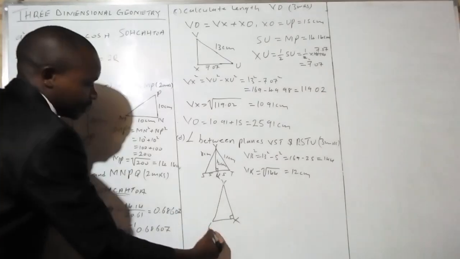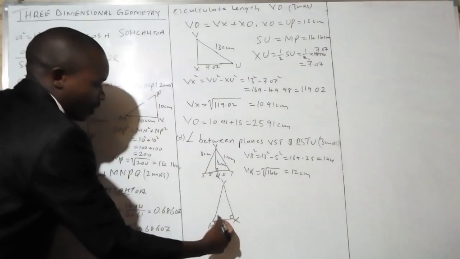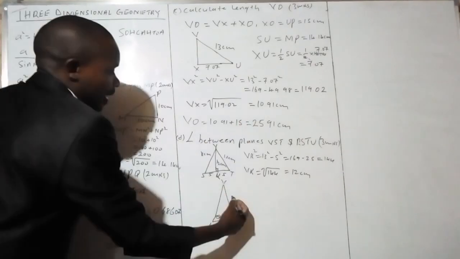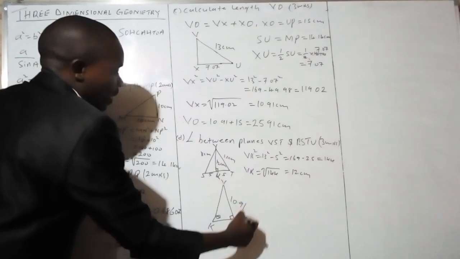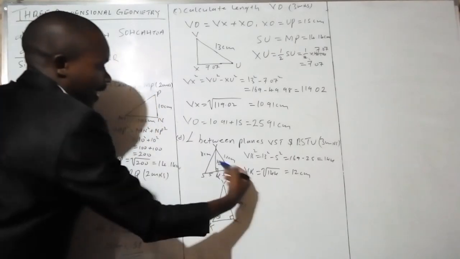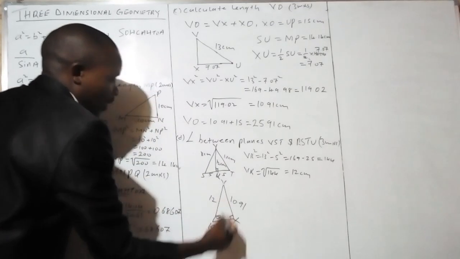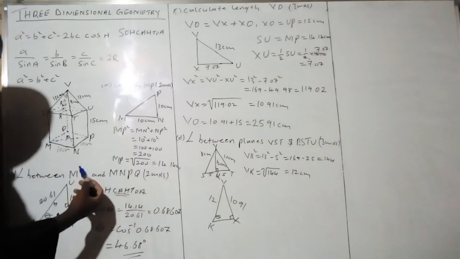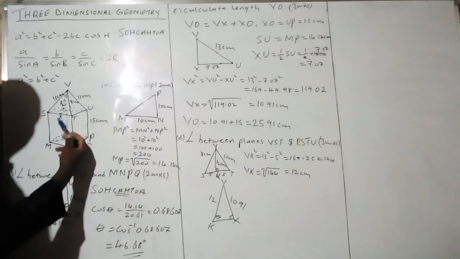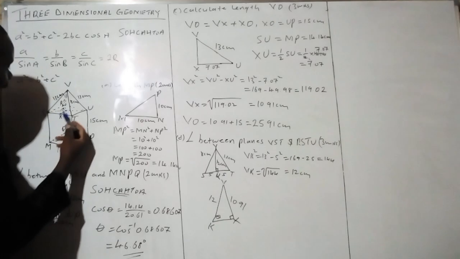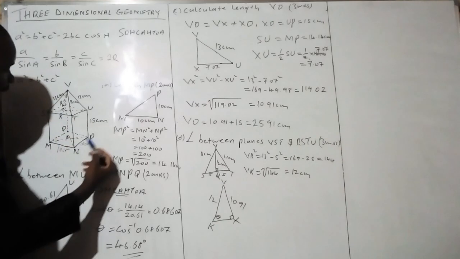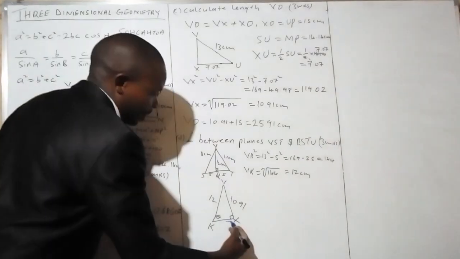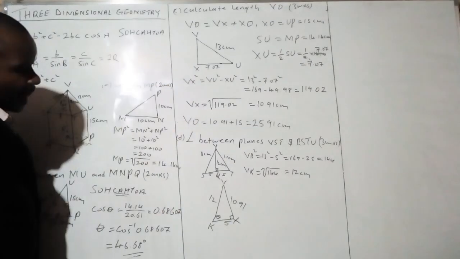The angle the examiner wants us to get is this here. VX we have calculated, it's 10.91. VK is 12. What of KX? KX is half of NP. NP is 10, half of NP is 5. Then we get this angle.